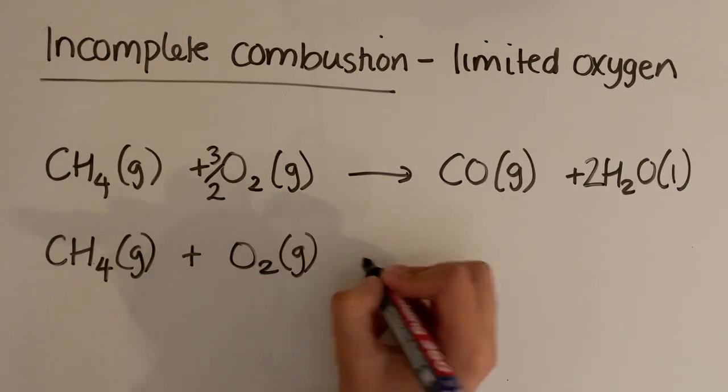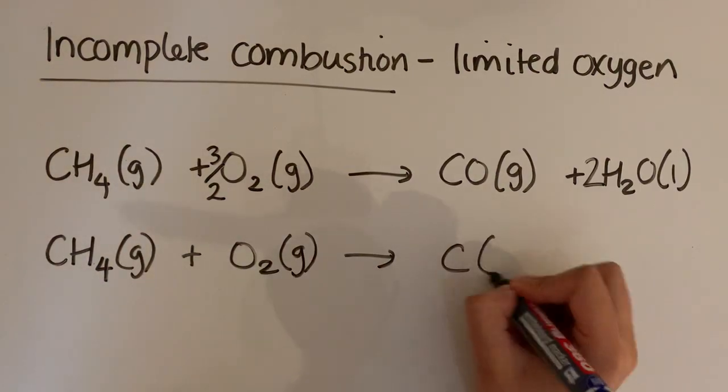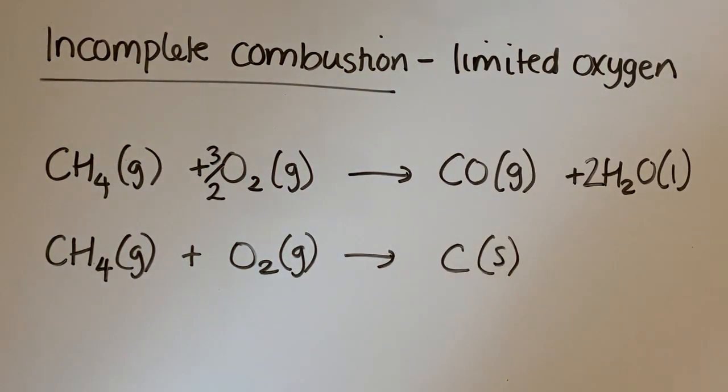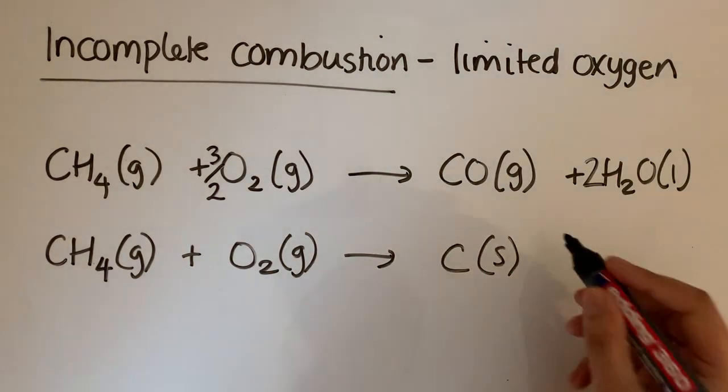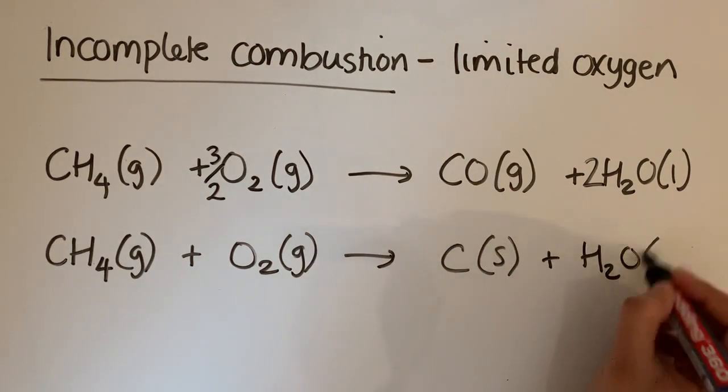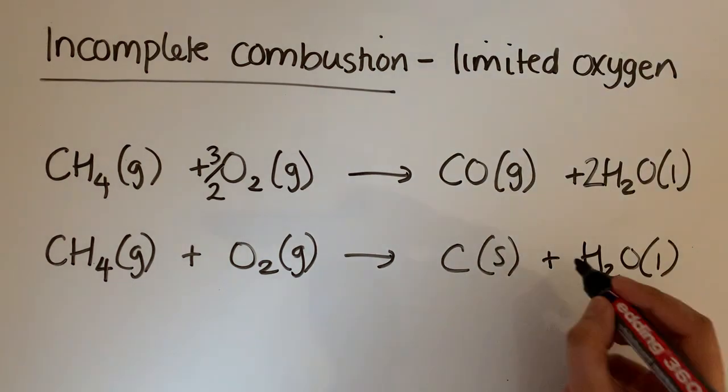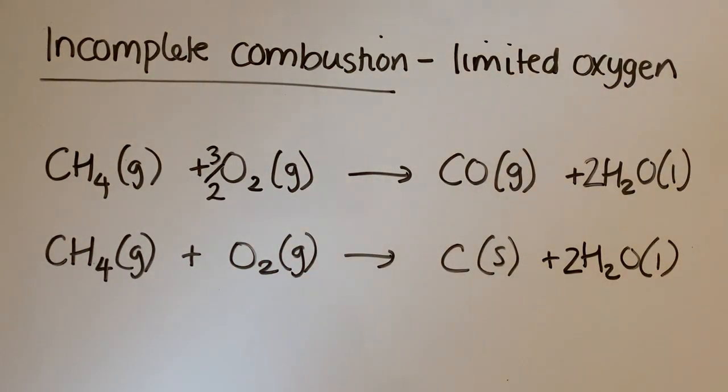The other equation that can occur, again in limited oxygen, is where we form pure carbon. Pure carbon in this form is like soot. It's like a black powder that forms, and we also form our water as usual. And then to balance it, that is now balanced. So these are the two possible reactions that can happen when we do incomplete combustion of a hydrocarbon.